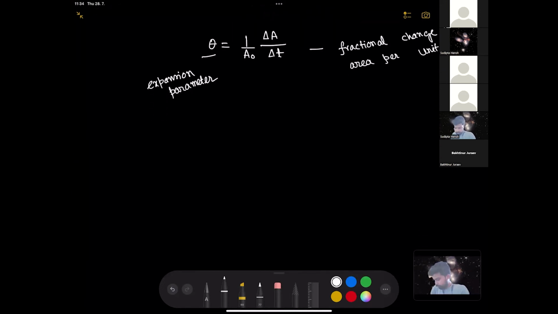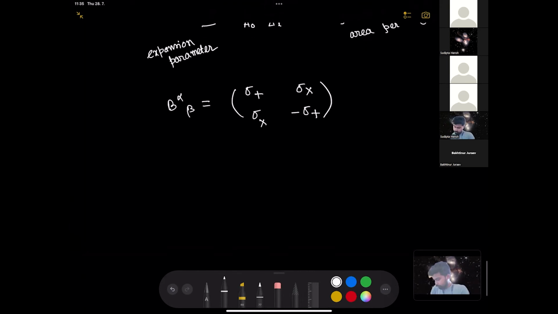Now let's say we have B that is purely symmetric and trace-free. If we sum up the diagonal elements, it is 0, so it is trace-free, and it is also symmetric.